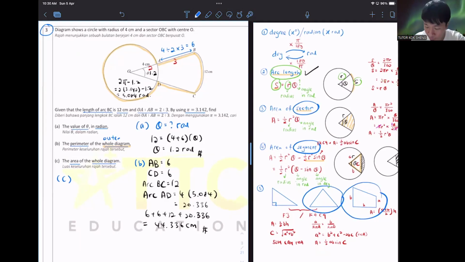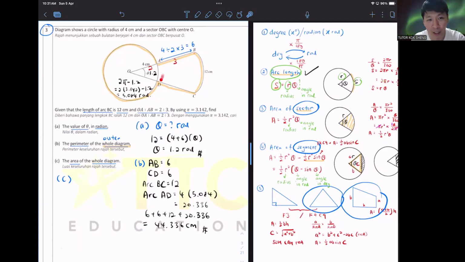That's why for this picture, you have to split this whole thing into a few parts and add. It depends on how you split. If you go for the whole circle, plus this part, I don't recommend it, because for this part you don't have any formula to get the answer straight away.